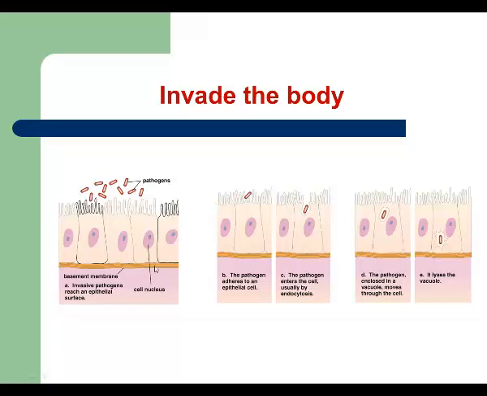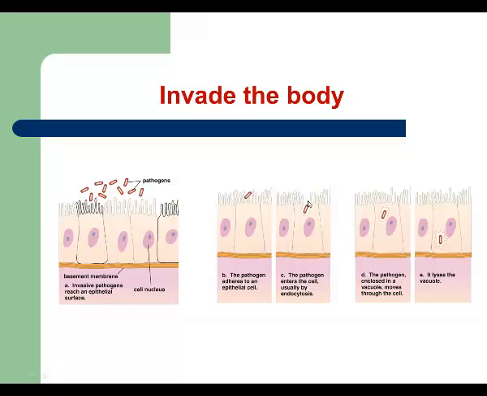That is what we call basement membrane, and those are deeper tissue over here, and blood vessels will be here on the bottom of this slide. So the first thing pathogens do, they recognize surface receptors on the surface of the cell and then attach to those surface receptors.